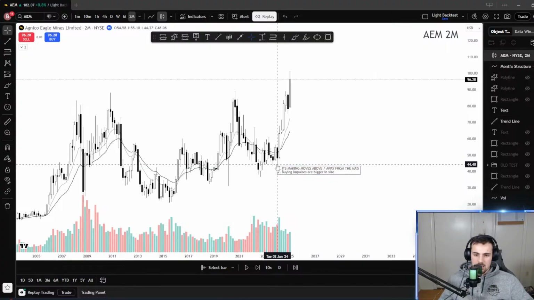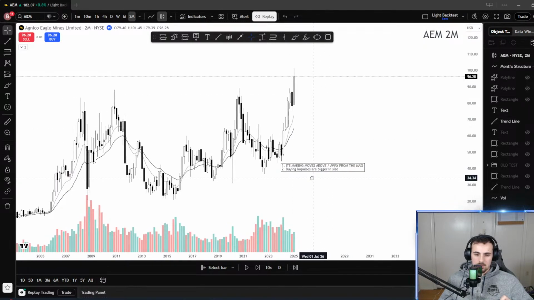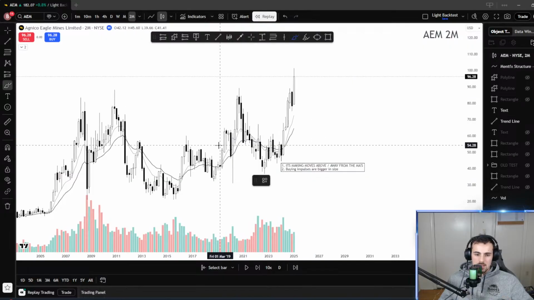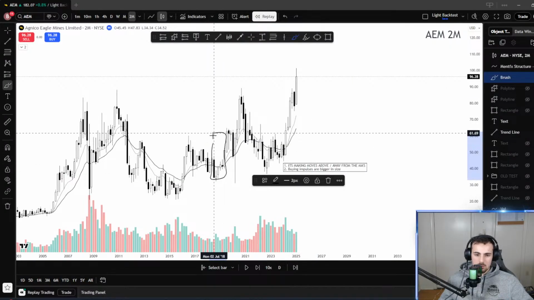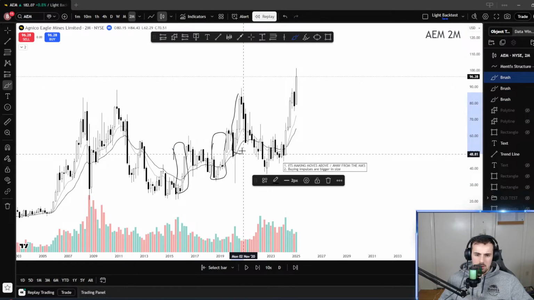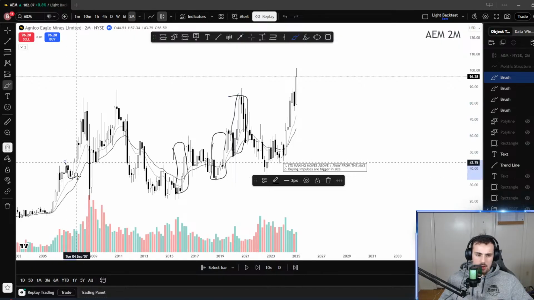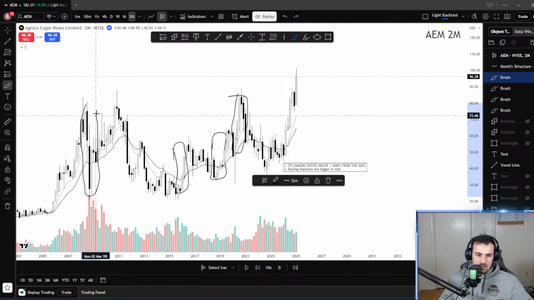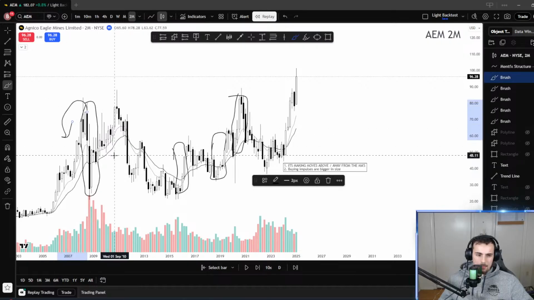So the higher time frame has made a move above and away from the MAs already. Secondly, its buying impulses are bigger in size. What does that mean? Well, similar to what it did right here, right here, right here, right here. Well, not right there actually, because this selling was actually bigger than that buying.